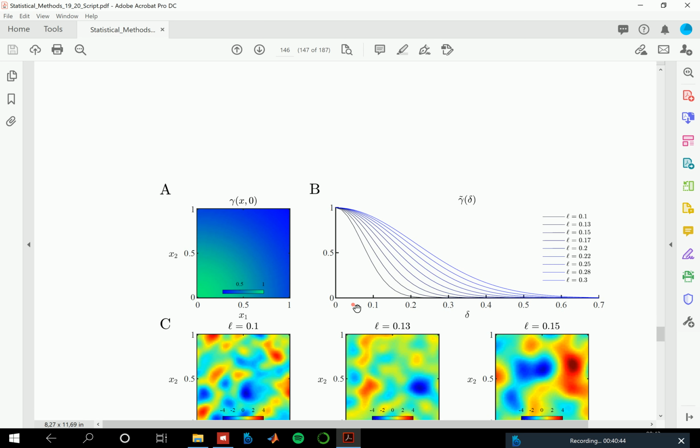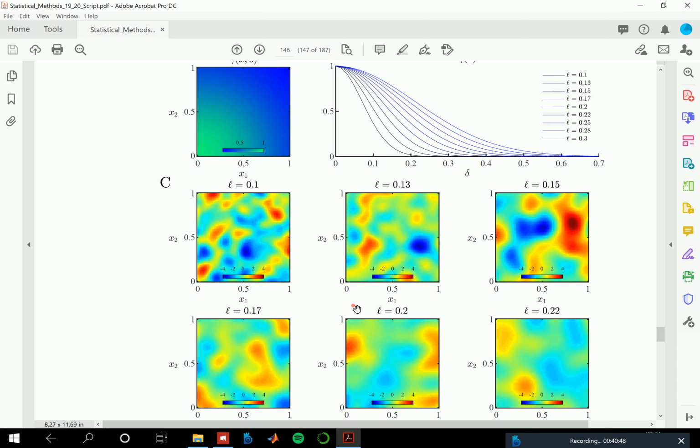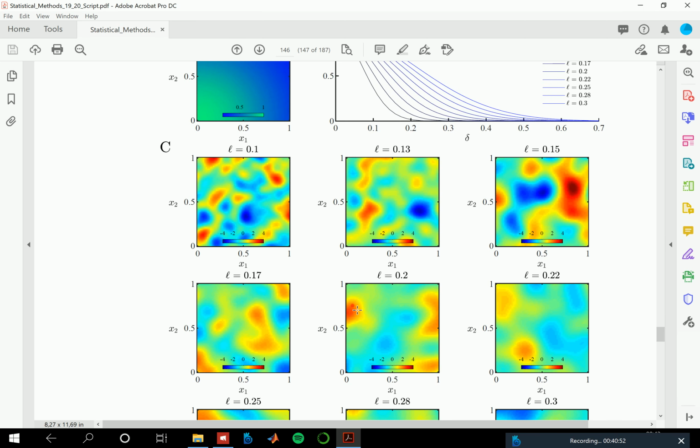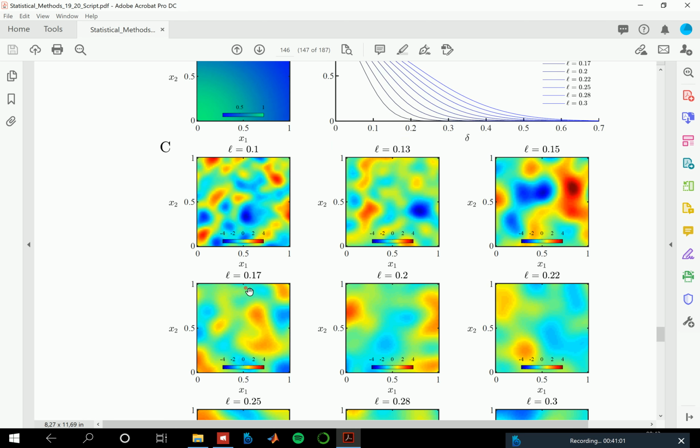Now, if you create realizations of random fields, in this case Gaussian random fields, but that doesn't really matter, it's independent of whether it's a Gaussian or some other random field. If you have relatively little covariation at short distances, then you will of course observe more variation over space. It will look more like this.